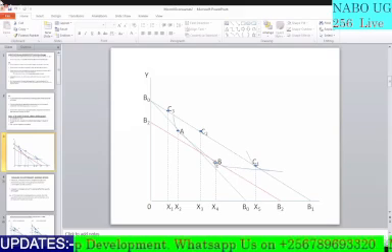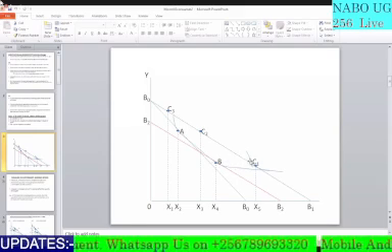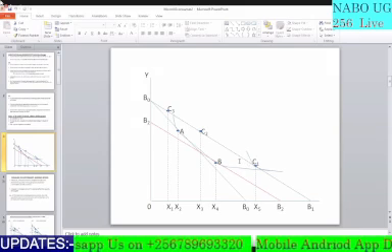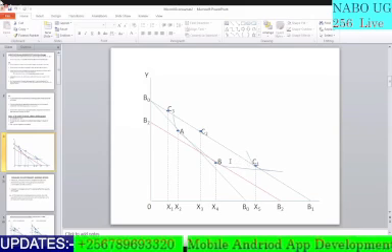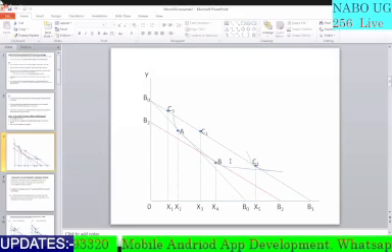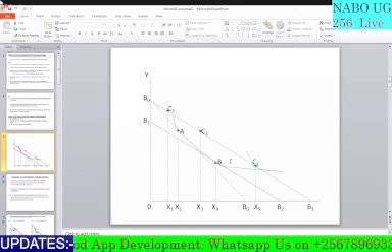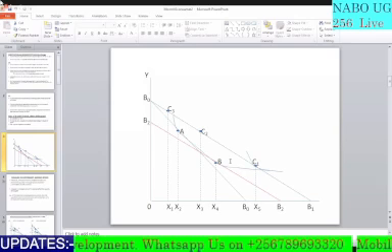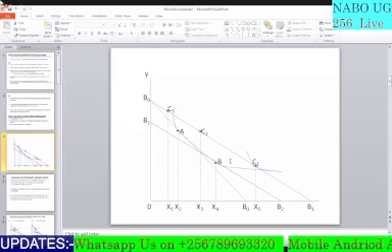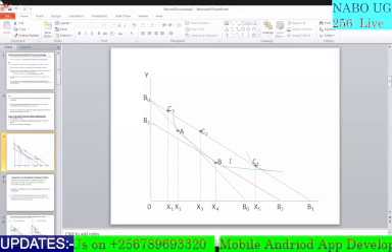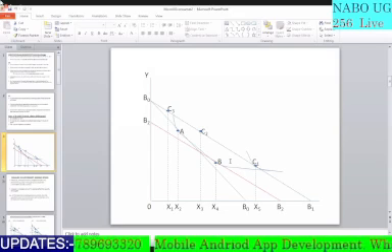What caused him to move to a higher indifference curve is the higher purchasing power. It is as if real income has increased. So to take him back to the original indifference curve, you have to take away the increase in real income.